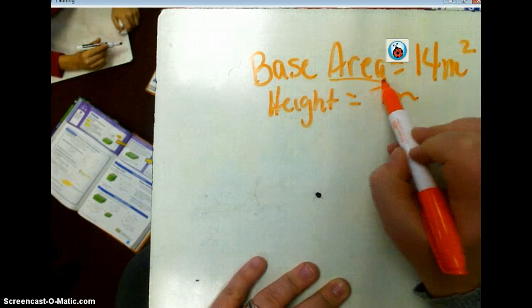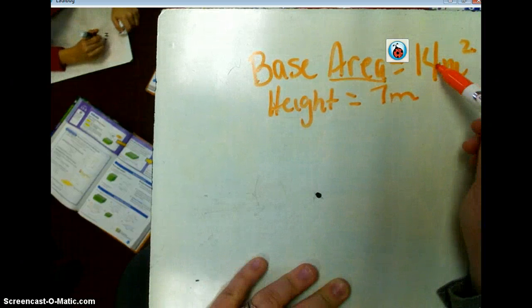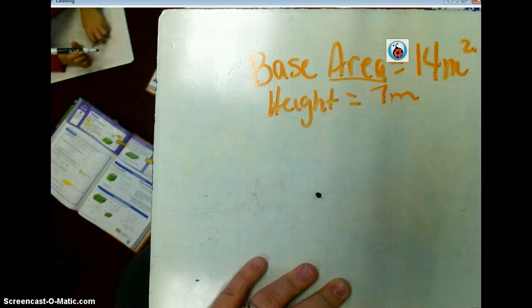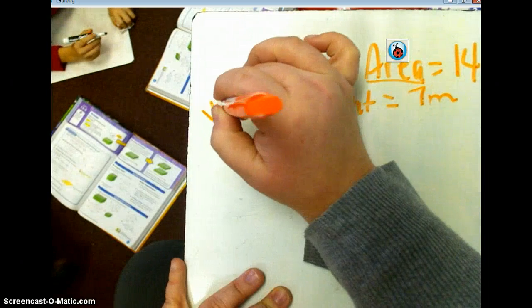If it's a base area, it has to be squared. Then when I multiply this times this, that's going to give me the cubic, because technically I'm multiplying those three together.